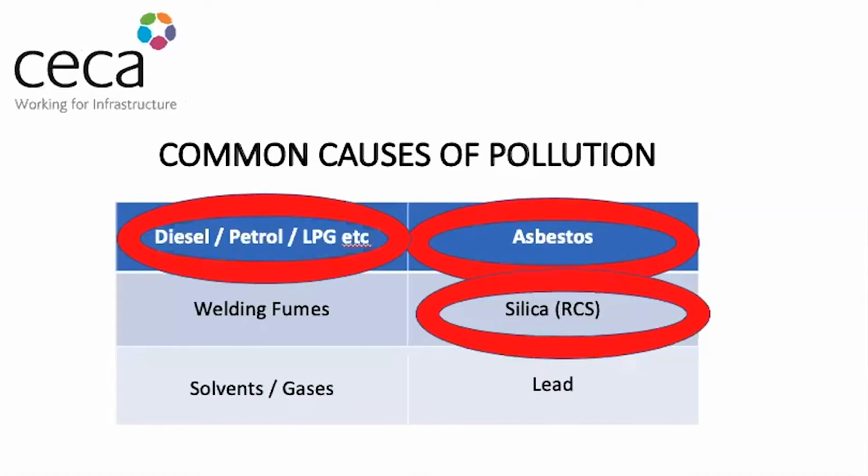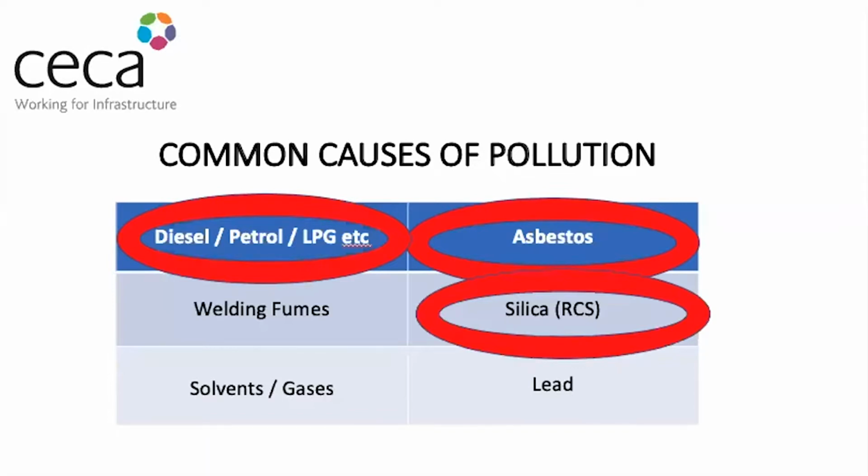Moving on. I've only got about half a dozen slides, but I just want to cover some old ground, possibly looking at some common causes of pollution, which I'm sure most of you will be aware of. But it's a case of how do these relate to construction?